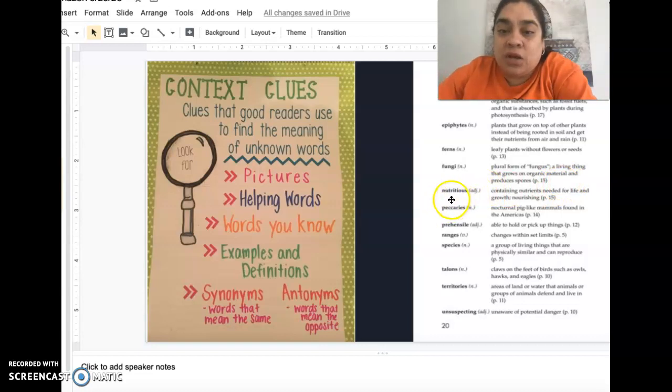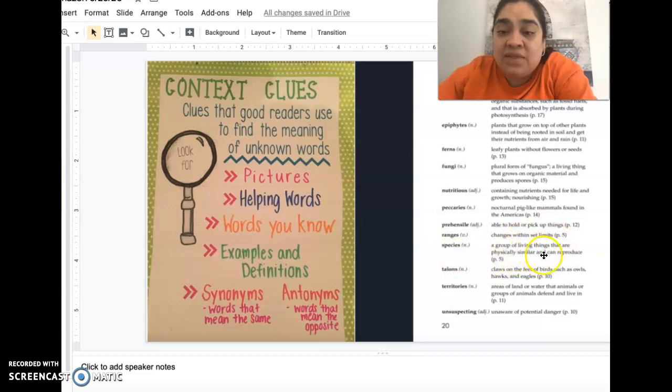Nutritious means containing nutrients needed for life and growth. Peccaries are nocturnal pig-like mammals found in the Americas. Prehensile means able to hold or pick up things. Ranges means changes within set limits.